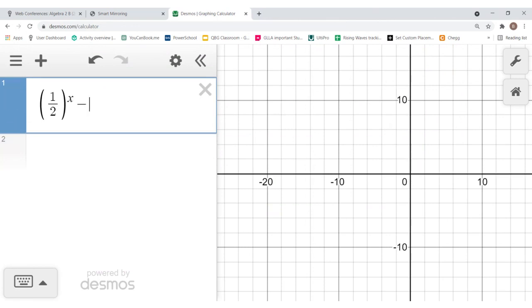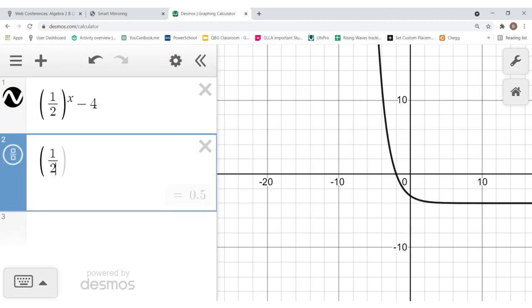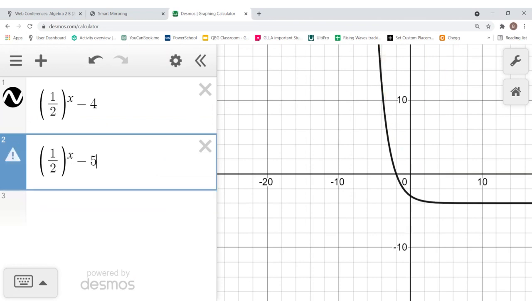And then you are supposed to compare that to the next one, which is take the original one, and we're supposed to add 5 to it. So I'll just do 1/2 to the x, subtract 4, and it says I'm supposed to add 5 to that. So I'm just going to add 5, just straight up add 5. So then you'd find the graph. This is multiple choice. I would say, like, what's the function and what's its graph. So just make sure that all the points line up when you graph them both.